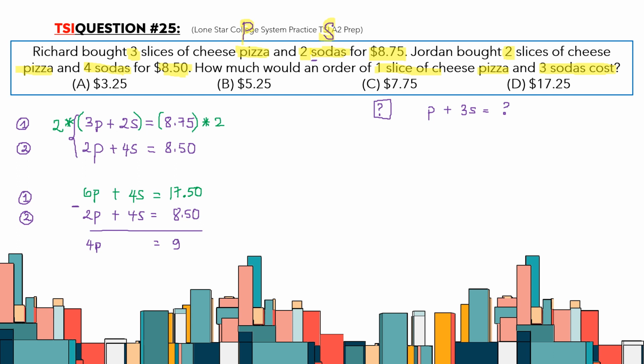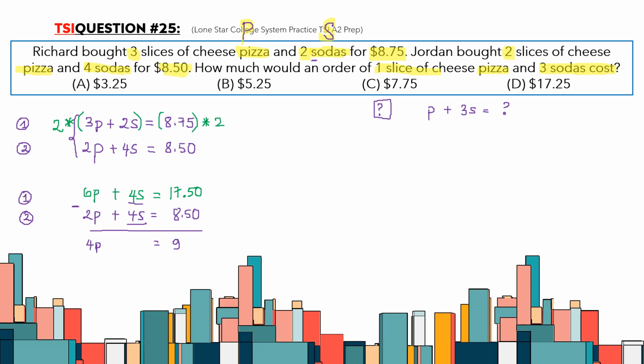The purpose of multiplying by 2 in the first step is to make sure that we have the same amount of soda in the first equation and the second equation, so that we can eliminate the variable S. So now we only have one variable to take care of, P, the cost of one slice of cheese pizza.